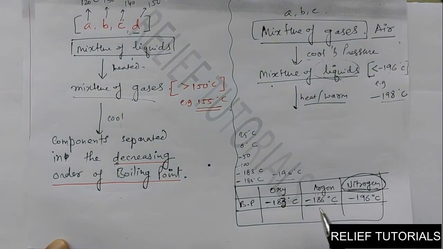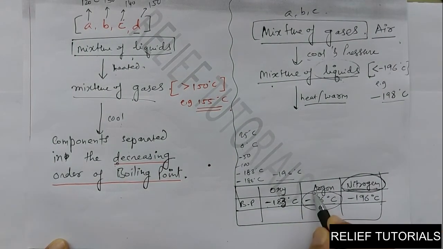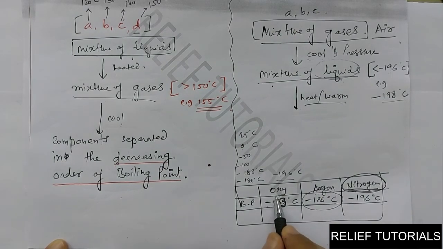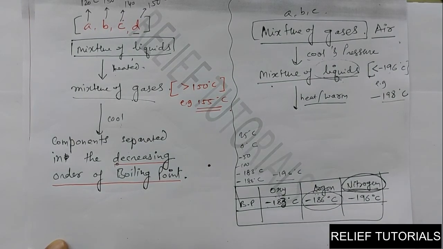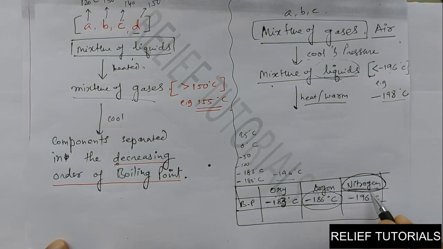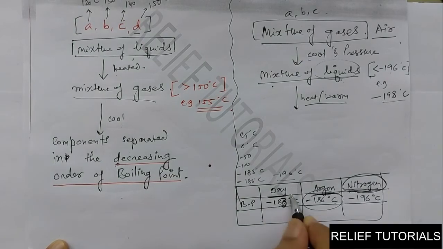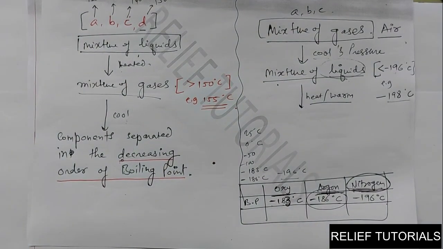Then the temperature still increases and goes to minus 186. So first, the pure substance you will obtain is nitrogen, second pure is argon, and third pure will be the oxygen.